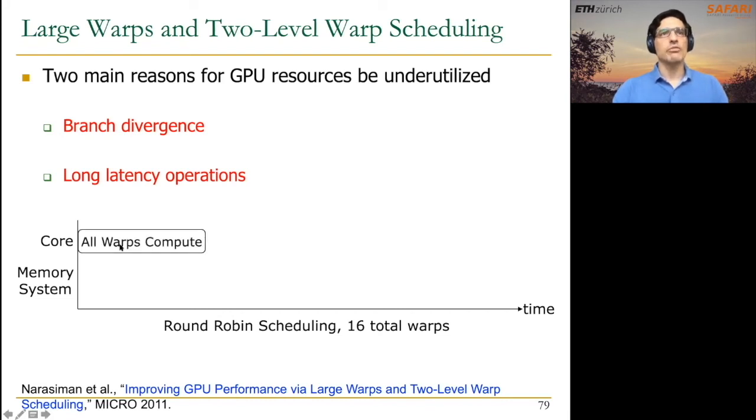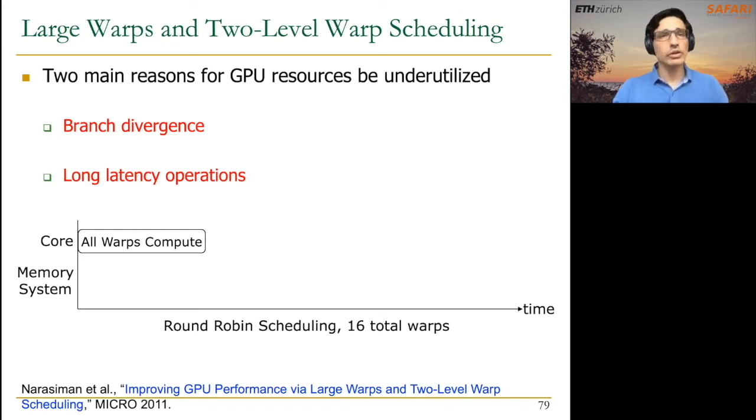Imagine that we have all warps computing over time. They are executing instructions in the pipeline. Inside these blocks that say all warps compute, we will have instruction 0 for warp 0, instruction 0 for warp 1, and so on, maybe hundreds of instructions here. All these warps are executed in a round-robin manner: the scheduler takes one new instruction for one warp, executes it on the pipeline, then takes another instruction, and so on.